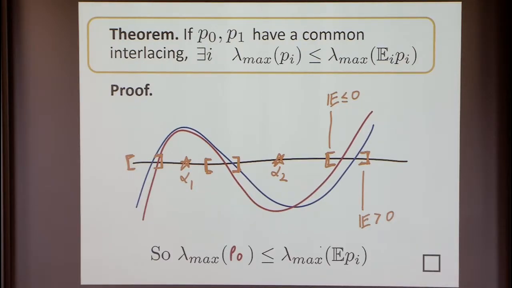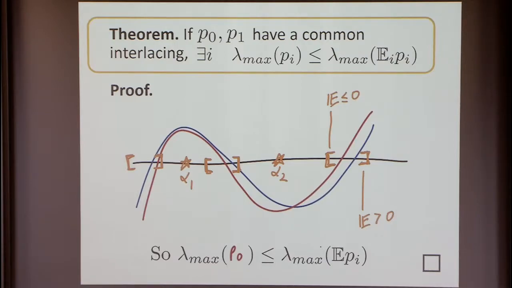So that's literally the proof. Okay, so this sounds very simple, but this is all we need to reason about these averages. Well, okay, it's not all we need, but this is sort of the main thing.